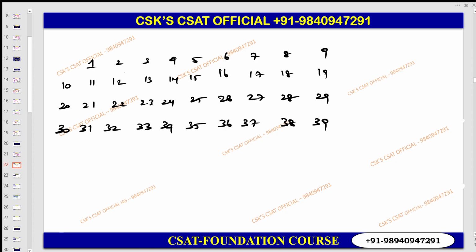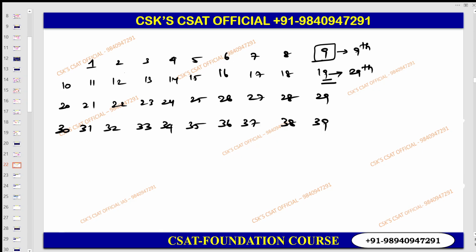Now try to understand. The ninth digit, no? This is the ninth. Now calculate: 10th, 11th, 12th and so on up to 28th, 29th. So this is going to be the 29th.